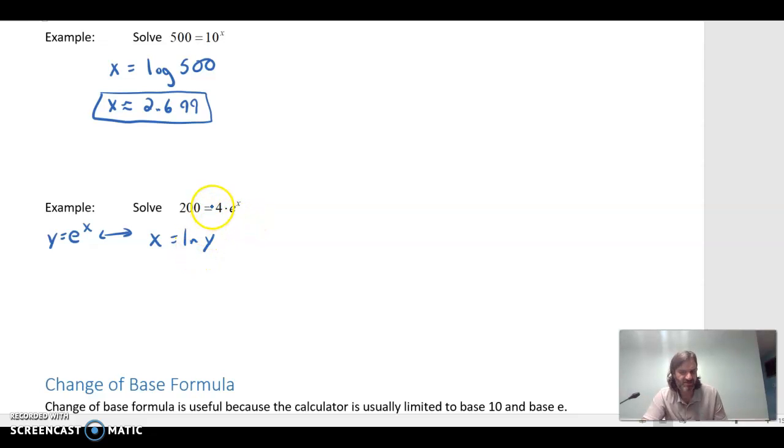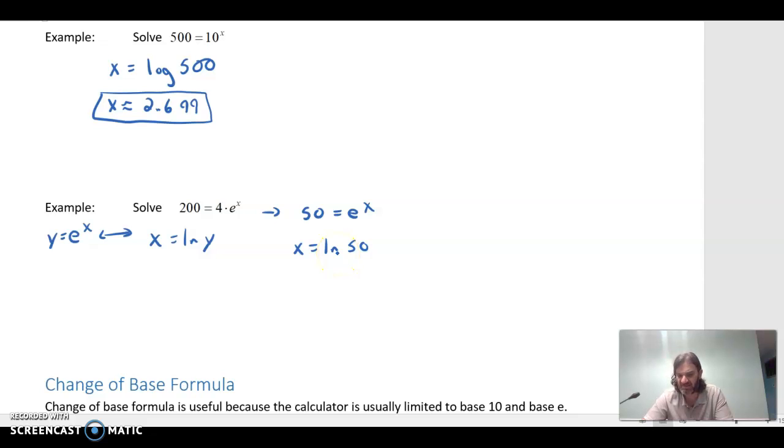So we need to rearrange this. We're going to divide out that 4, so we'll have 50 equals e to the x, and then we can change that over to x equals the natural log of 50 and put it in our calculator.